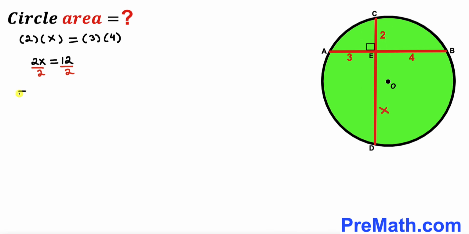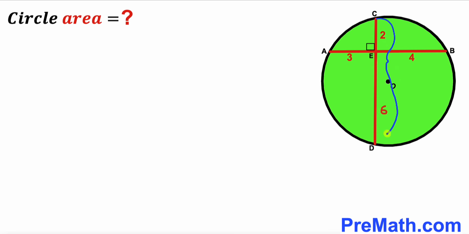So our x value turns out to be 6 units. In other words, this DE segment length is 6. So this whole segment CD length is 2 plus 6, which gives us 8 units.